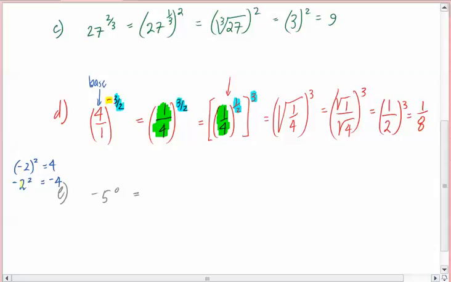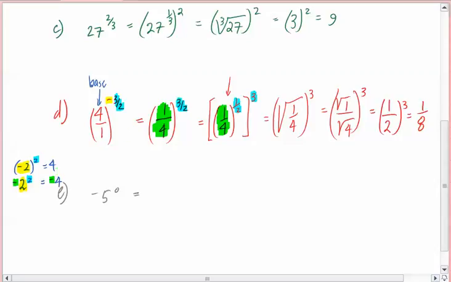That's because this one is a 2 being squared. This one is a negative 2 being squared. Well, this negative right here is just going to be placed in front of that answer once we're finished.